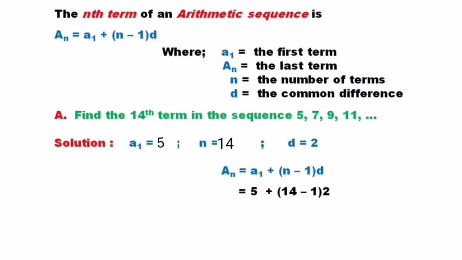Simplifying, perform first the inner term, so 14 minus 1 equals 13. Then multiply it by 2. Next, a sub n equals 5 plus the product of 13 and 2. Then, we have a sub n equals 5 plus 26. So, the last term or a sub n is equal to 31.